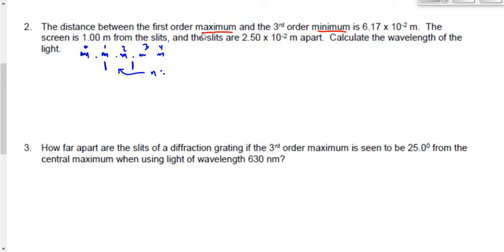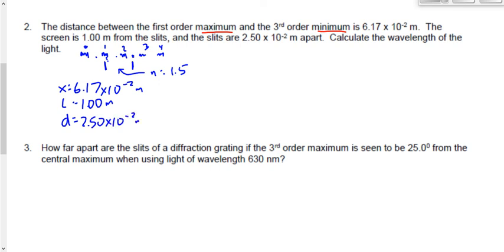It's 2.5 minus 1. So n is going to be equal to 1.5. Good. What else we got here? x is 6.17 times 10 to the minus 2 meters. L is 1 meter. And d is 2.50 times 10 to the minus 2 meters. We're looking for the value of lambda.